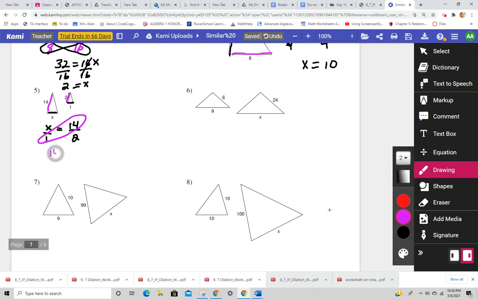14 times 1 is 14. And 2 times x is 2x. Divide both sides by 2. And x equals 7.